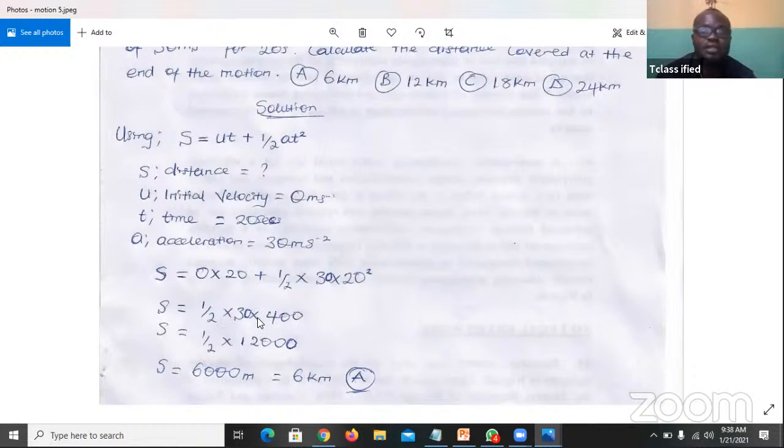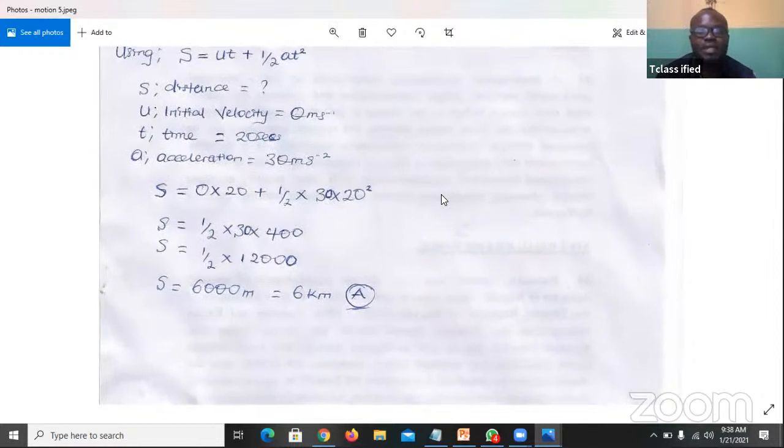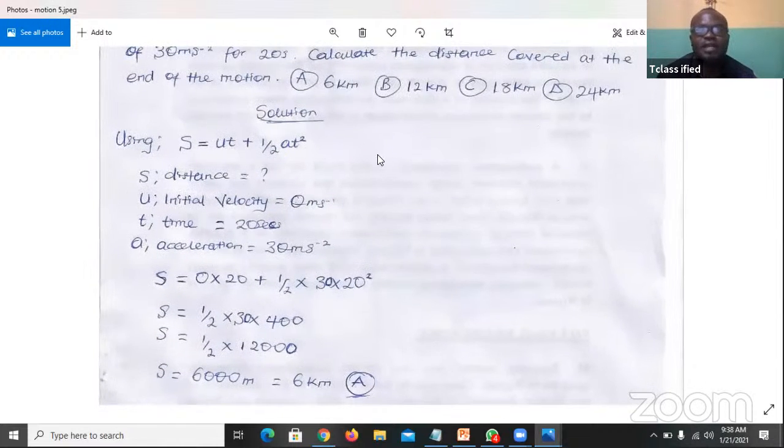So 30 times 400 is 12,000. Half of it, 12,000 over 2, is 6,000. So this is in meters. If you convert it to kilometers, it's 6 kilometers. So that makes option A the right answer.